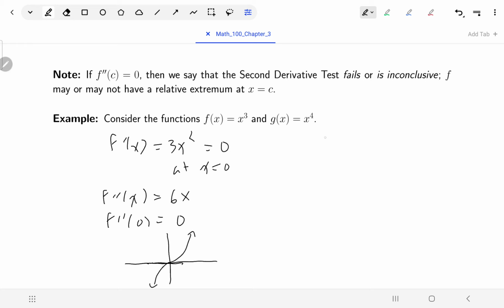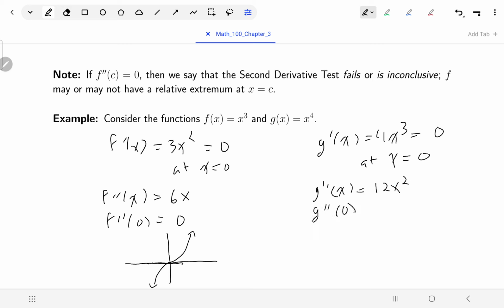y equals x to the 4, same sort of thing. If you did the first derivative, you would find that the first derivative is 4x cubed, and it's equal to 0 when x is 0. And if you did the second derivative, you'd find that the second derivative is 12x squared, and when you evaluate it at that critical number of 0, you get 0 again.